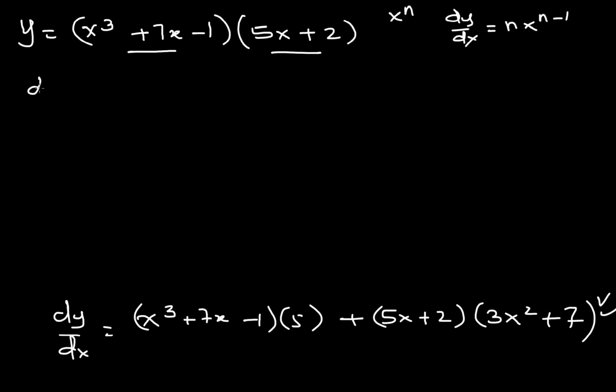All right, so for completion, let's go and expand. So we're going to say dy/dx. It's going to be these two. It's going to be 5x^3 + 35x - 5.